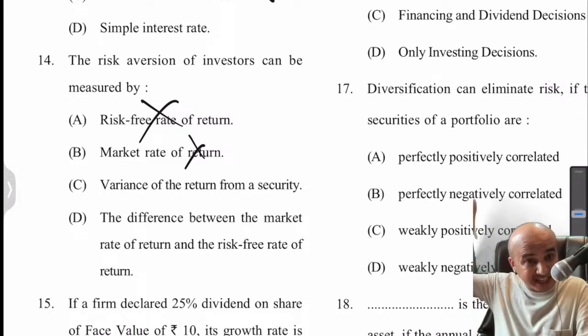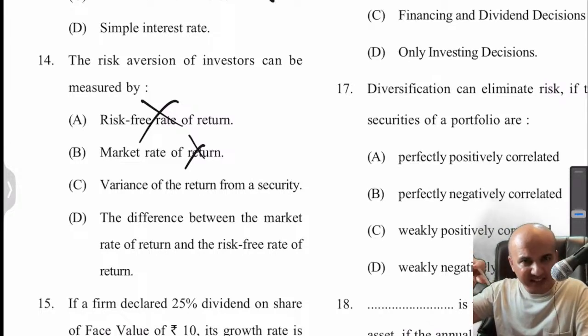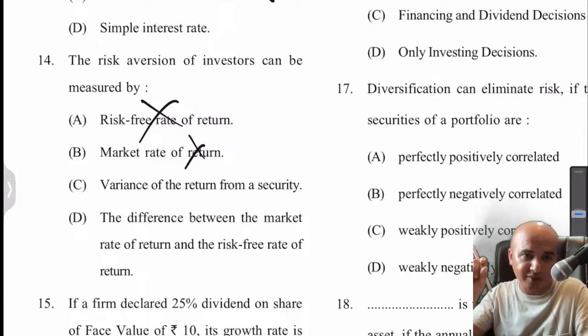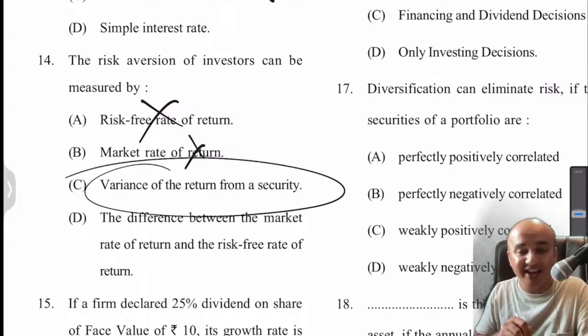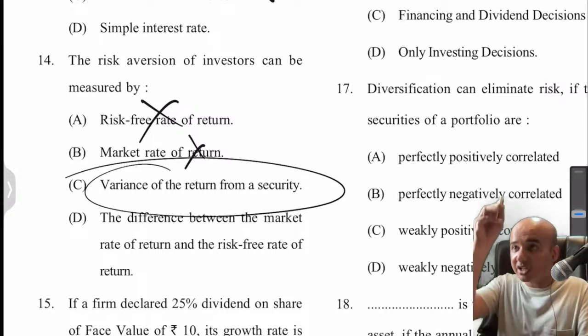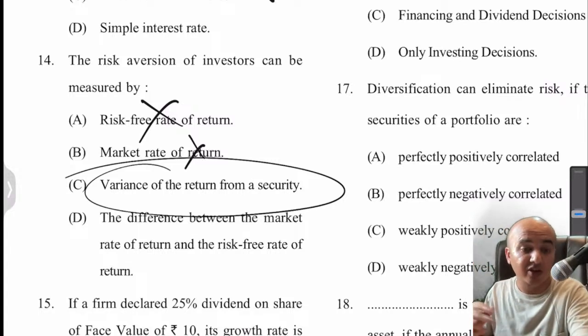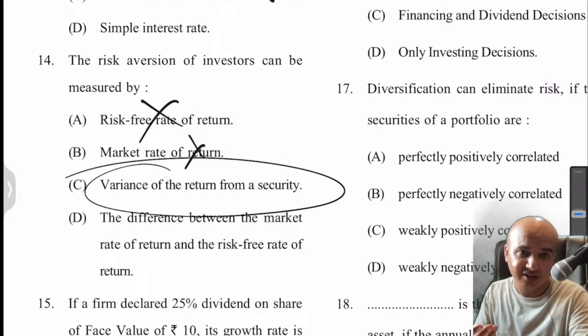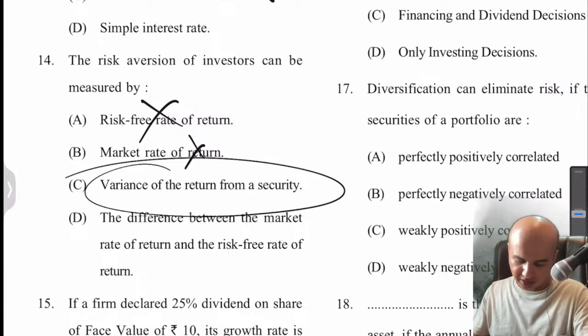If there is too much variance, that means there is greater risk. If the variance is very little or low, that means it is low risk. So therefore, the best measure for risk aversion would be variance of the return from the security. Like if it is varying too much, that means it's a volatile security. That means we cannot invest in such a security. Okay.